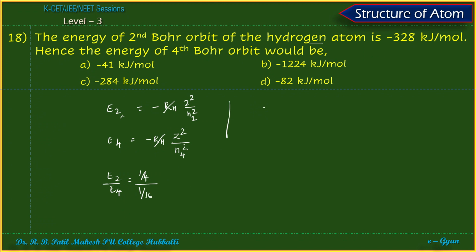So the energy of the second orbit is given as minus 328 kilojoule per mole divided by E4, keep it as it is, which is equal to 1 divided by 4 into 16 divided by 1.